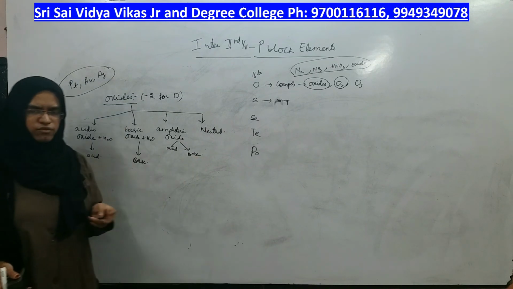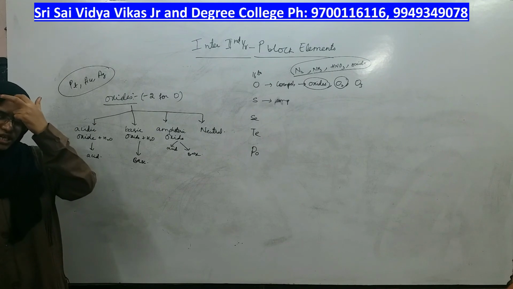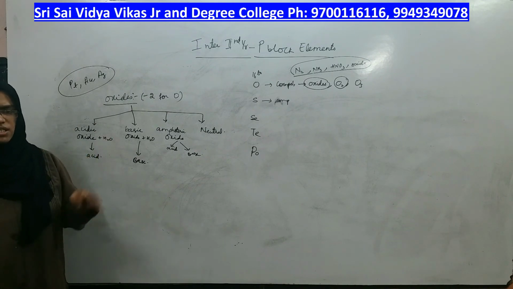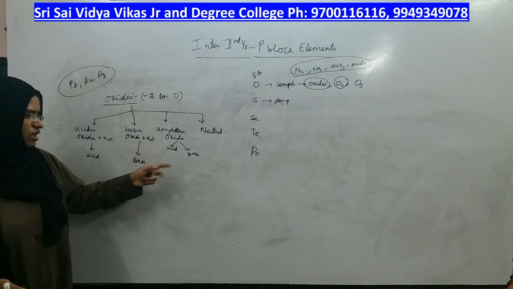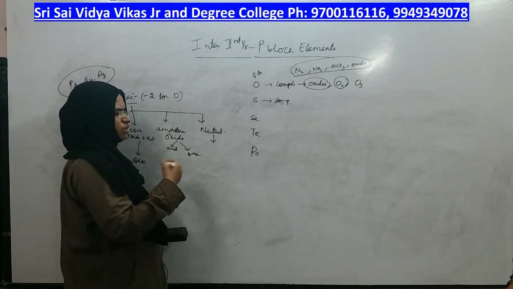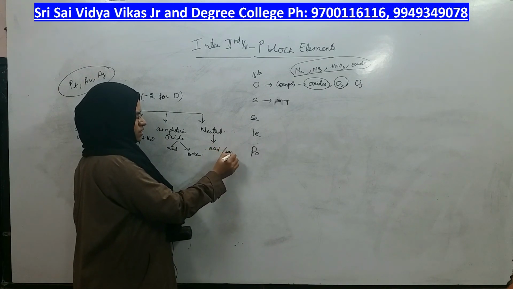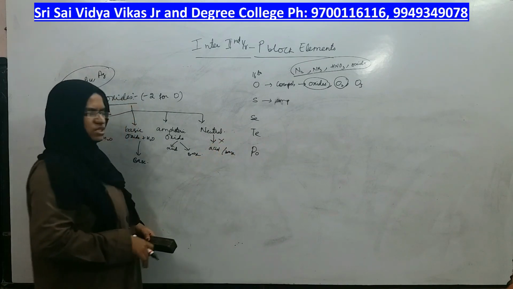It has both acidic nature as well as basic nature. With acid it behaves like a base, with base it behaves like an acid. They are called amphoteric. Neutral means they don't react with acid or base.